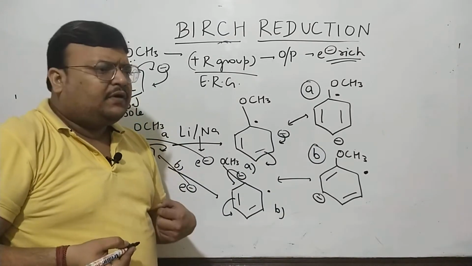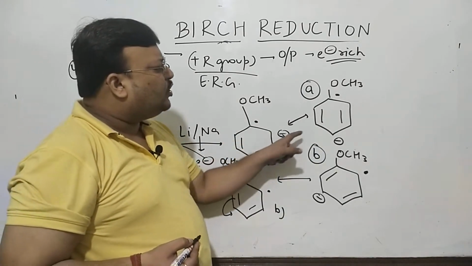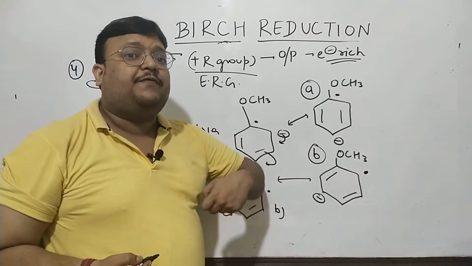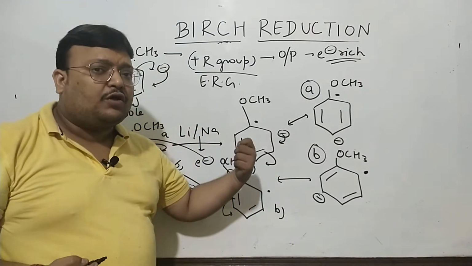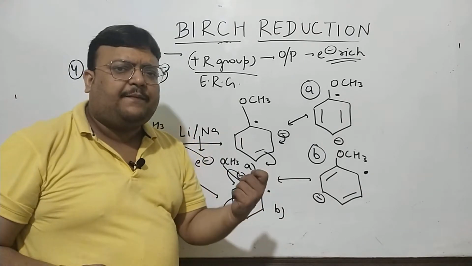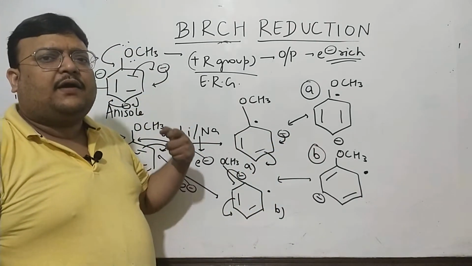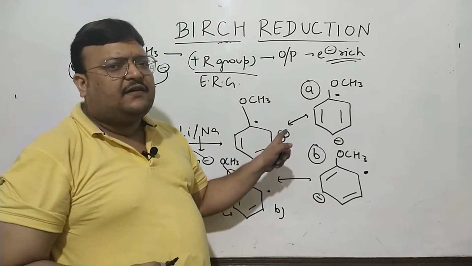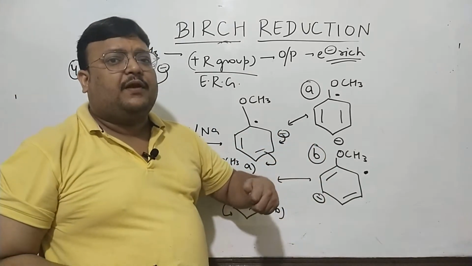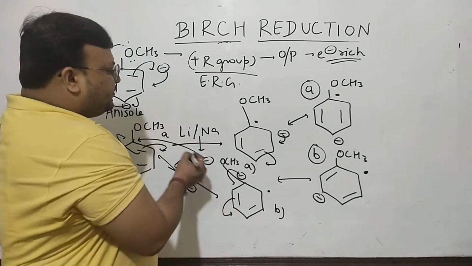A negative charge developing there would rather cause repulsion. So A is not favored.